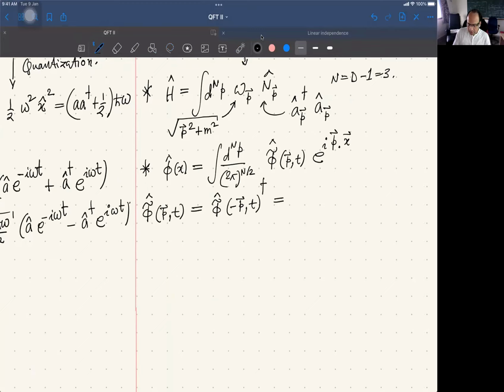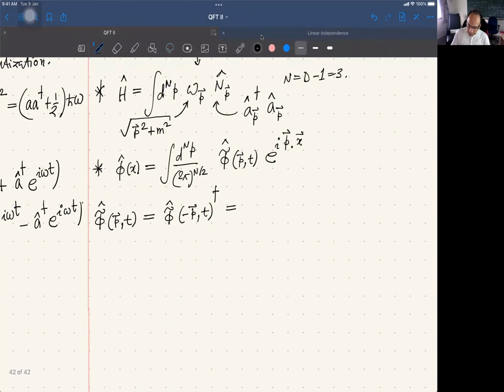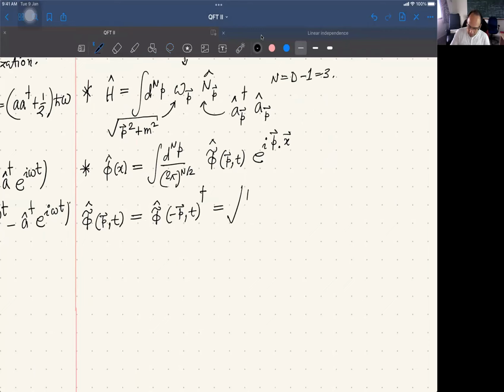It's a real scalar field, so phi x is phi x dagger. If you do that, then that is the relation the Fourier transform phi tilde of p, t will satisfy, and then you will have exactly a similar expression with a hat p e to the minus i omega p t plus a hat minus p dagger e to the power i omega p t.